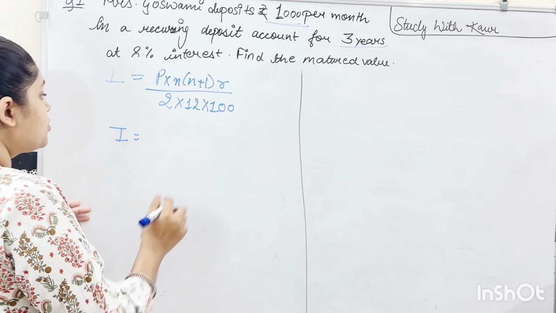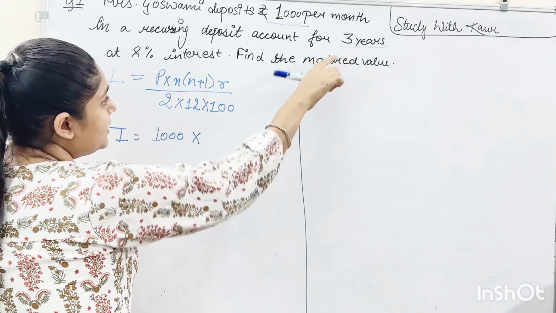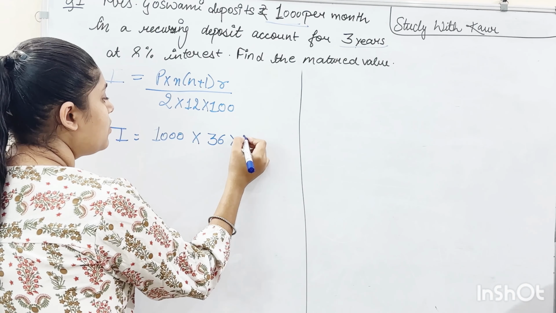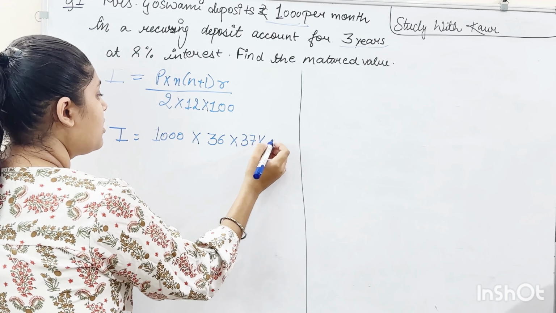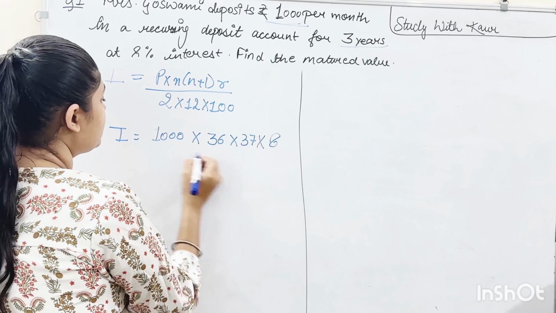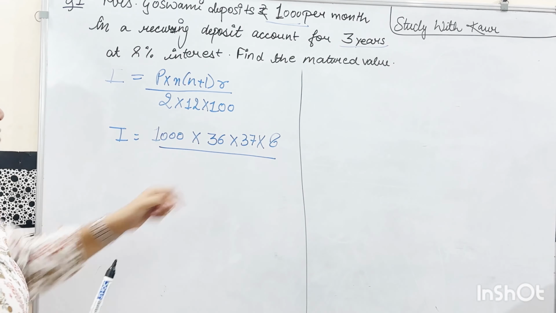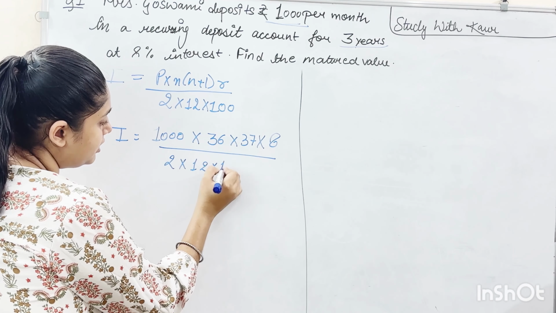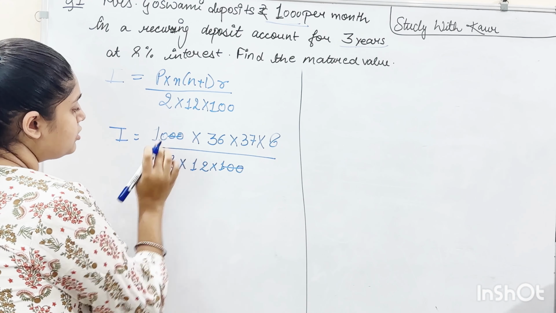So it's 1000 into, for how many months? 3 years, that is 36 months, into 37, that is 36 plus 1, into 8, because the rate of interest is 8%. Over 2 into 12 into 100. You can directly cut it out.